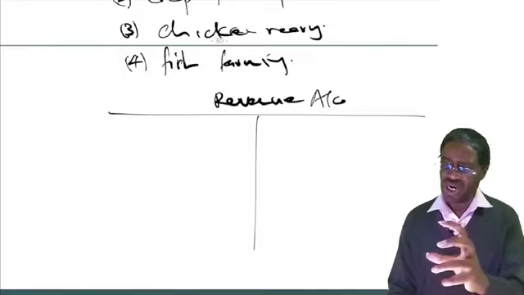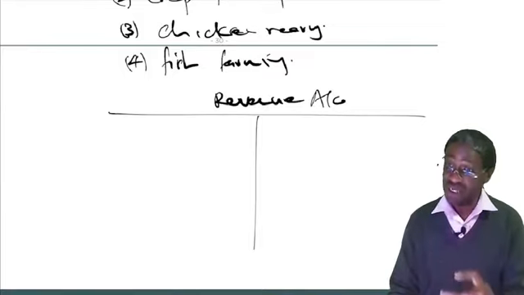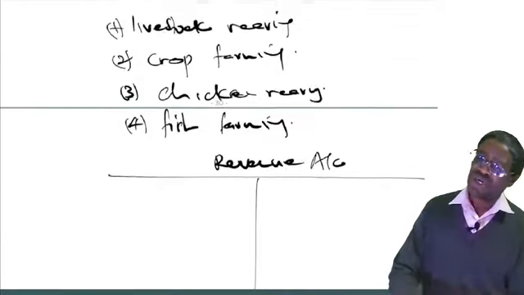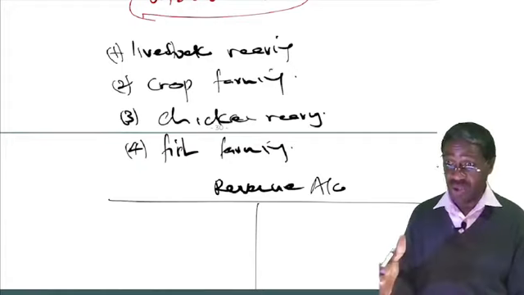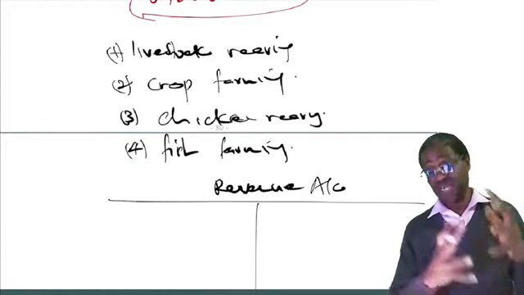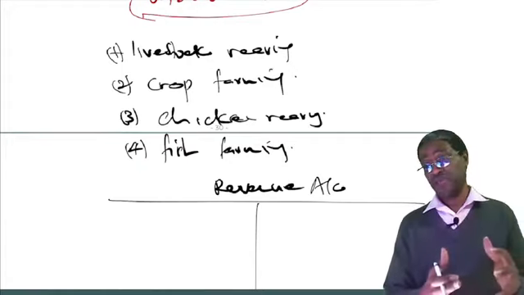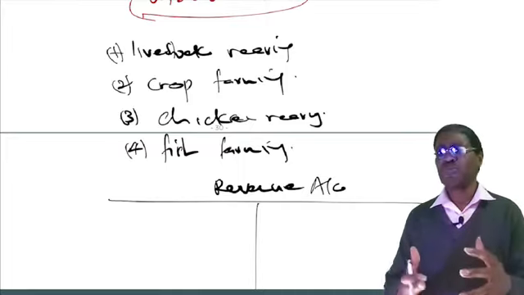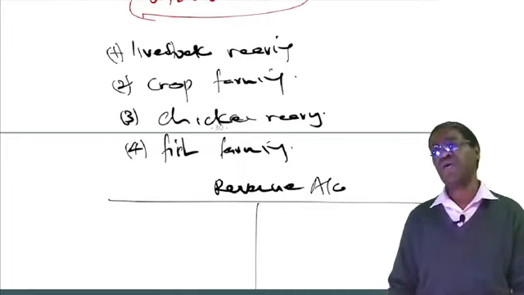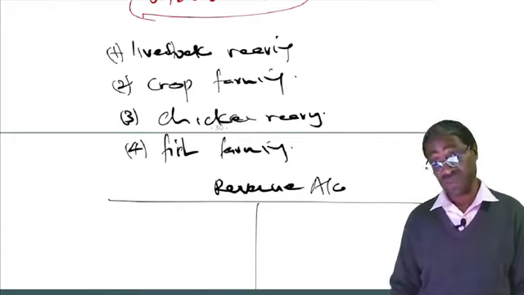This revenue account will be used to determine the profit for each of these categories. It's like a department called livestock: what profit did we make this year from our livestock rearing?